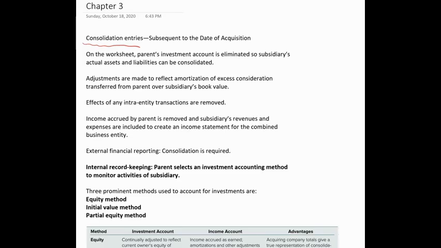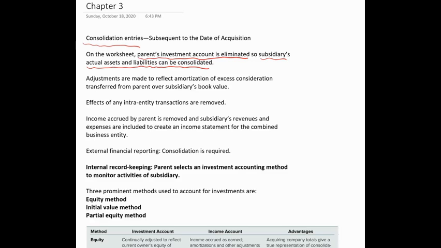On the worksheet, the parent's investment account is eliminated, so that's the purpose of those consolidation entries. So the subsidiary's actual assets and liabilities can be consolidated. So we need to use the subsidiary's actual assets and liabilities at total fair value.